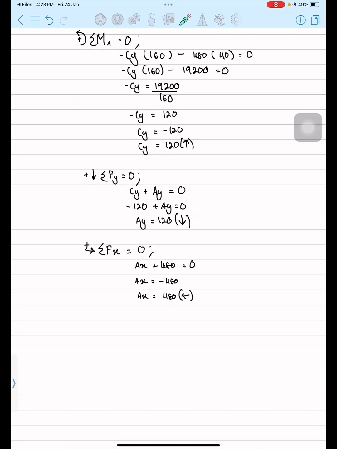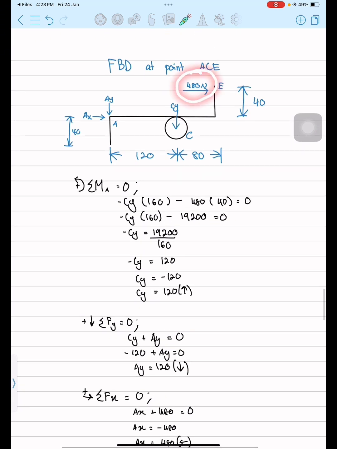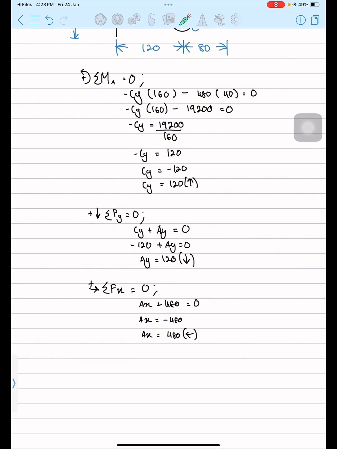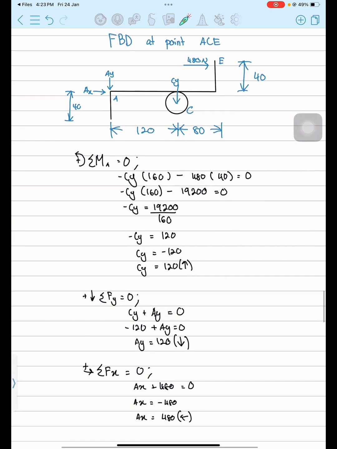Then we go to Fx, taking right as positive: Ax plus 480 equal to 0, where 480 is given already. Then Ax is negative 480, forcing to the left.